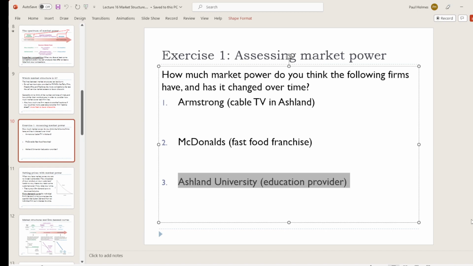Again, that doesn't make sense either, so we're looking at one of the two imperfect competition models, oligopoly or monopolistic competition. Does oligopoly make sense? Oligopoly is just a few large firms. No, that one doesn't make sense either. So this one's got to be monopolistic competition.